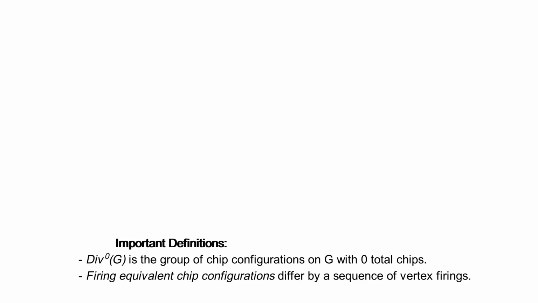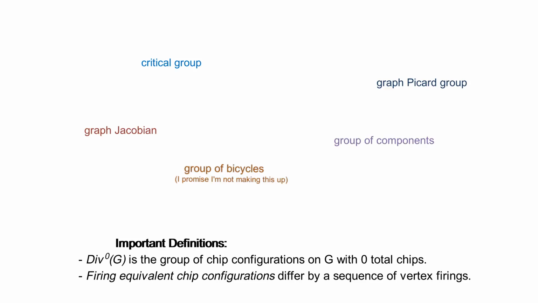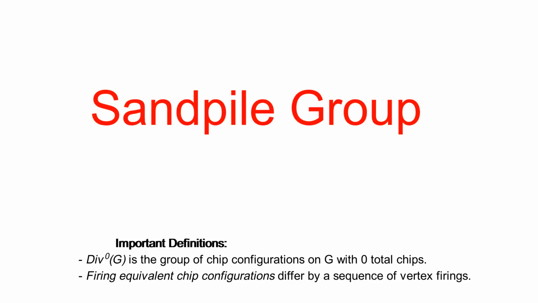Now it's time to introduce the star of the show, a group that has been rediscovered many times in many contexts and has more names than a piece of paper with 6 names on it. It's been called the critical group, graph Jacobian, graph Picard group, group of components, group of bicycles, and Laplacian cokernel, but we will call it the Sandpile group.